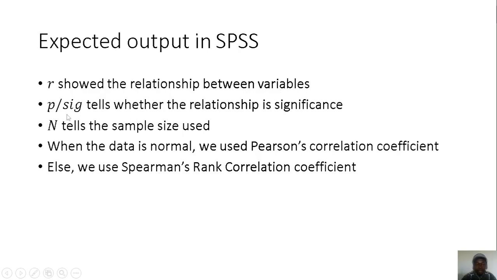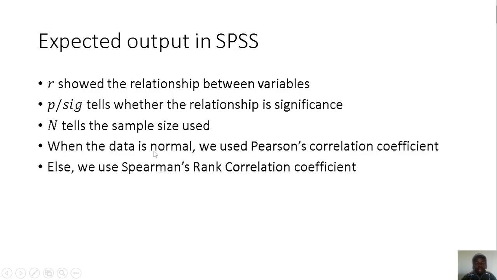The p-value, which is also the significant value, tells whether the relationship here is significant or not. And then n indicates the sample size. So when we run each variable, we are going to see these 3 outputs in SPSS. But we have to know how to summarize it in a way that it will be very presentable.